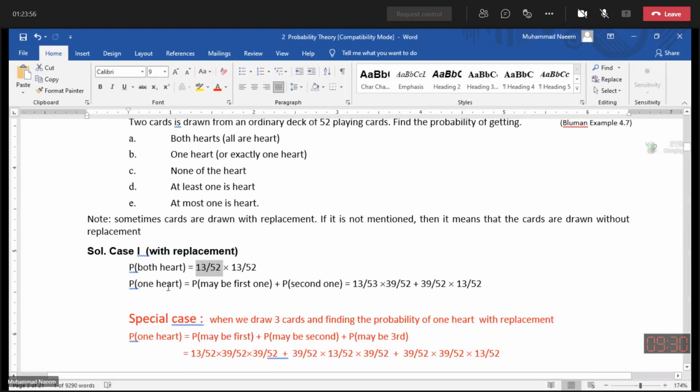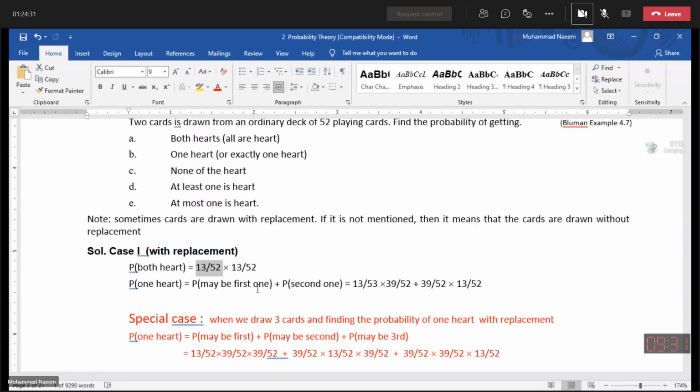One heart means exactly one is heart in our selection. So this one heart may be the first one or the second one. If it is the first one, the second will be from the other category. If it is the second one, the first one should be from the other category.